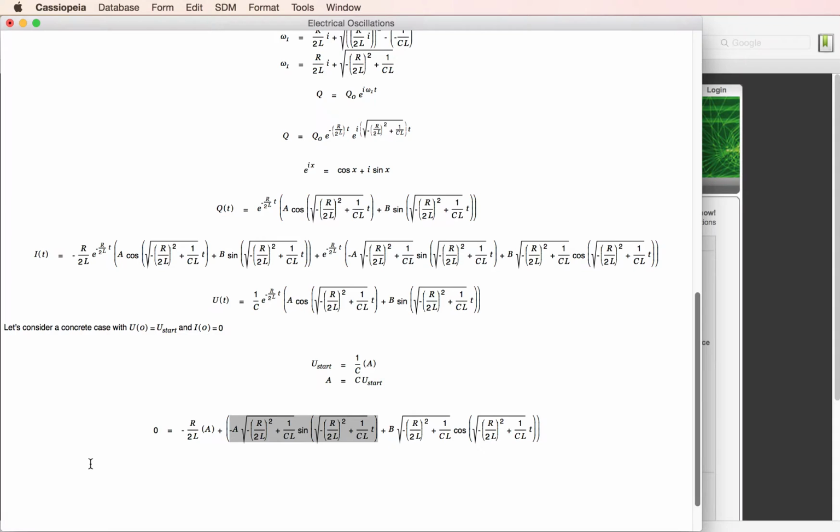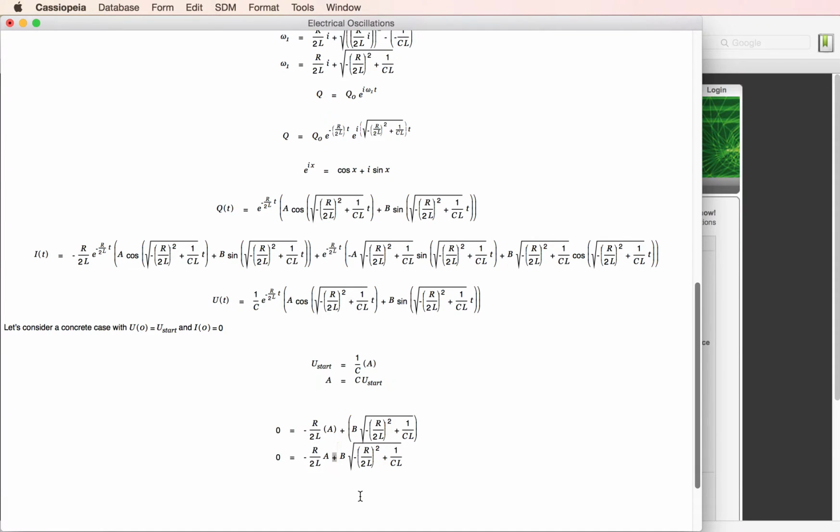This whole thing becomes 0. And we are left with this term. Okay, that makes more sense. Let's put this on the other side.